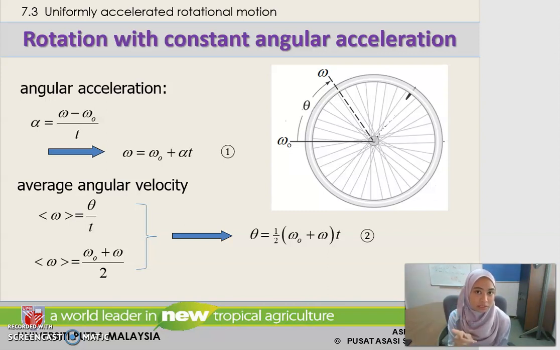Acceleration must be constant. For both kinematic equations, the acceleration must be uniform or constant. If it is not constant, you cannot use the kinematic equation, or you have to break it into parts. And we have discussed this before in kinematic equations for linear quantities.